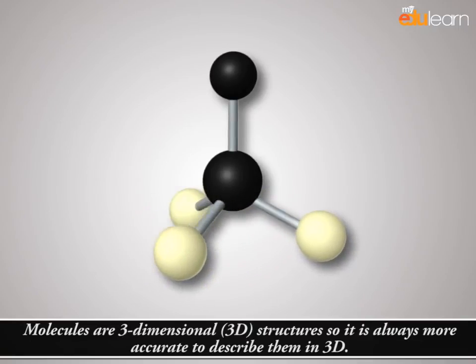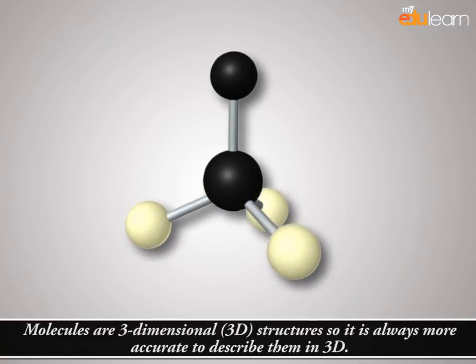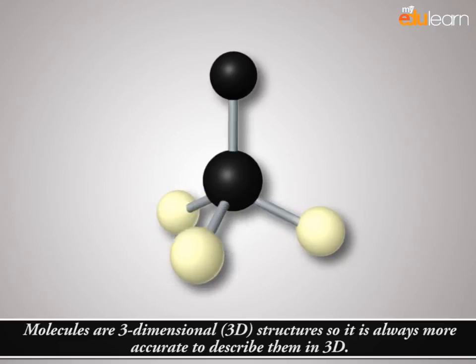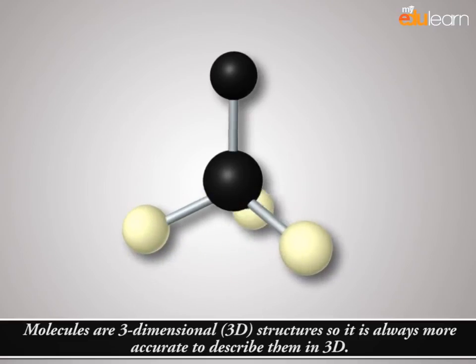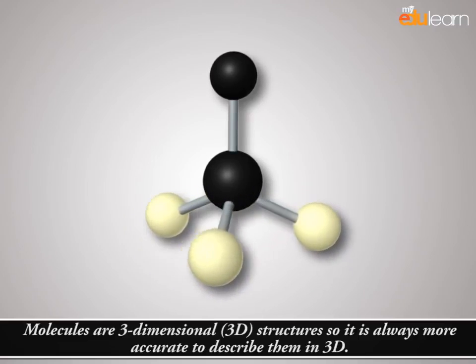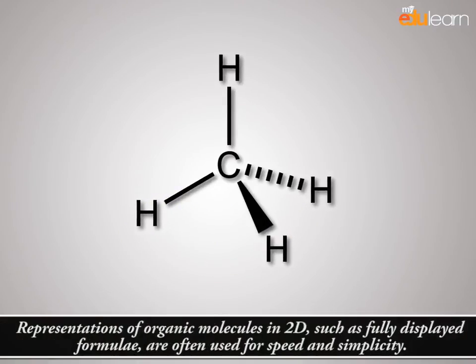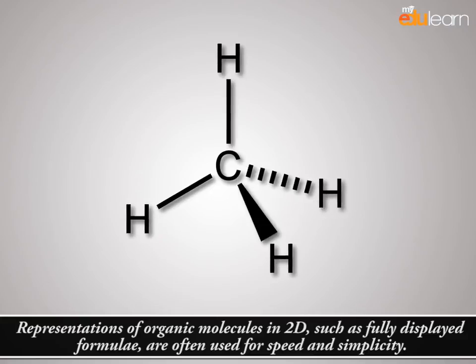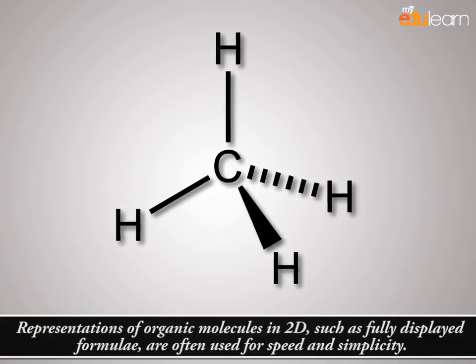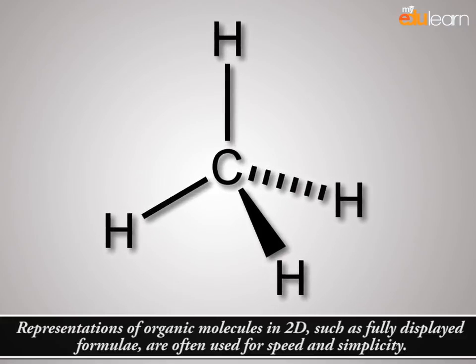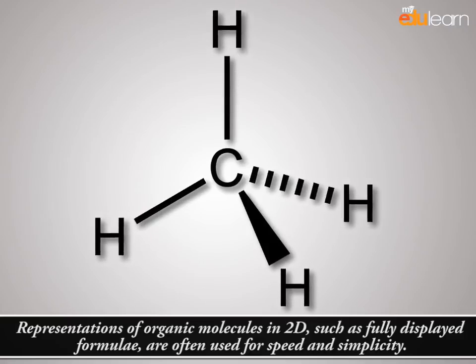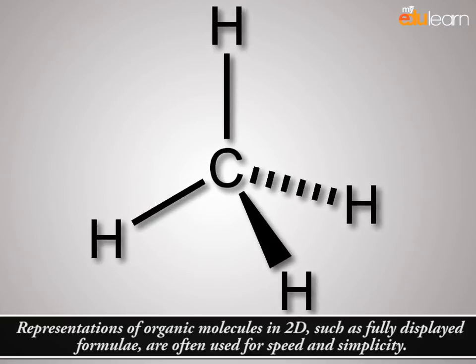Molecules are three-dimensional, 3D structures, so it is always more accurate to describe them in 3D. Representations of organic molecules in 2D, such as fully displayed formulae, are often used for speed and simplicity.